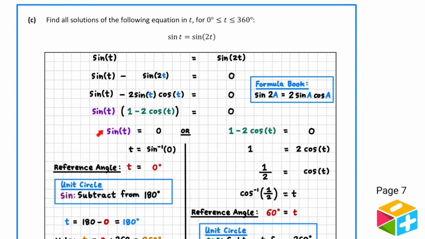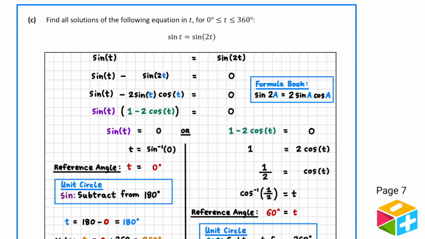Focusing on the first of these, I'll begin by taking sine inverse of both sides. Using our calculator, sine inverse of 0 is 0. This tells us that the reference angle is t is equal to 0. Unfortunately, this isn't the only solution here.